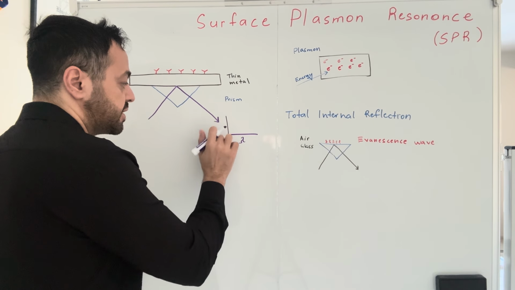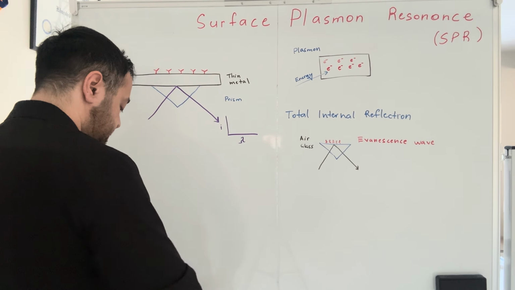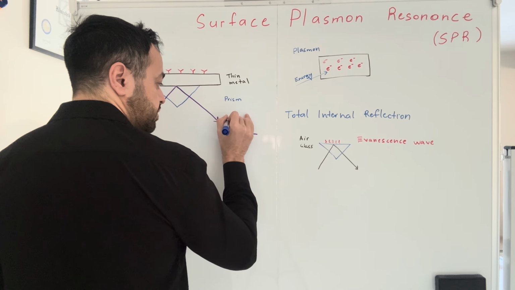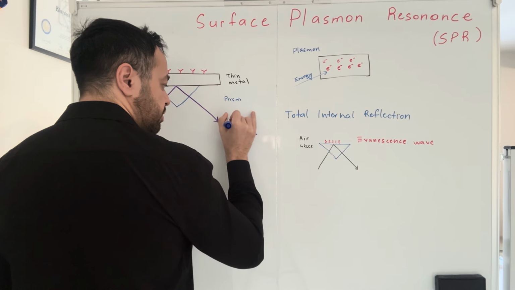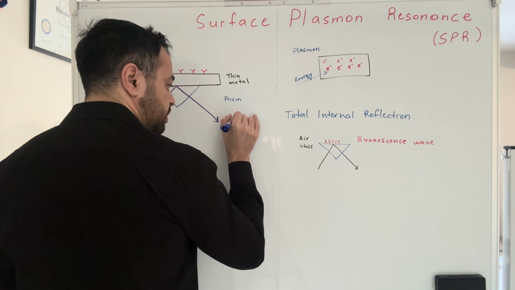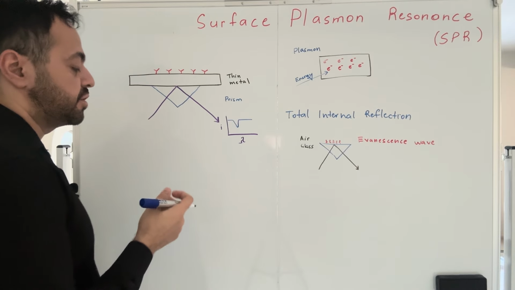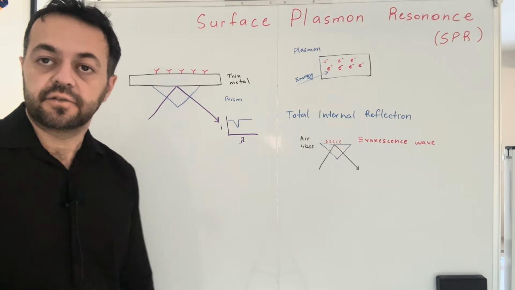It's typically intensity, so I just write I. So you can see some kind of curve on the graph. So this kind of curves appear, and that is corresponding to the reflectivity of the system.